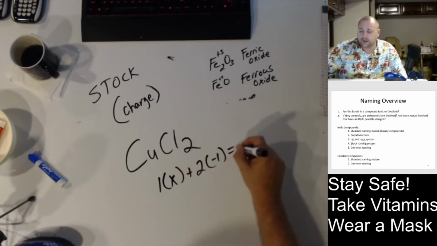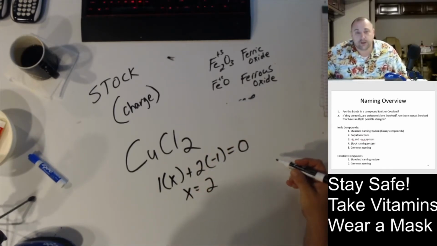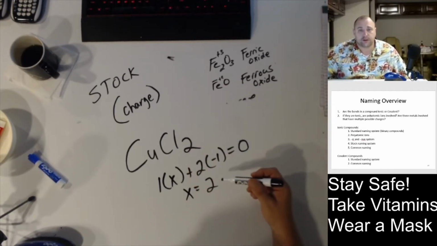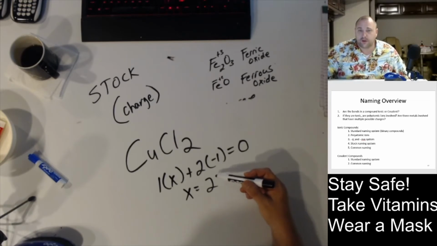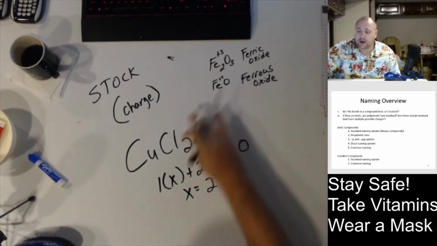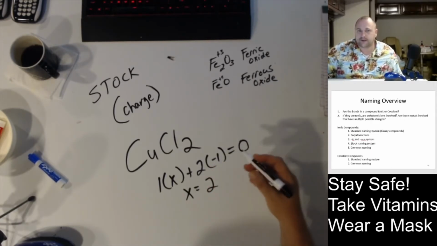Group 17. The total charge is 0. So X is going to come out to be 2. All right. When I do this math, this still doesn't tell me is it cupric or is it cuprous, because we can't just assume that the +2, because it was for iron was ferrous, that this would be cuprous. What we need is extra information.